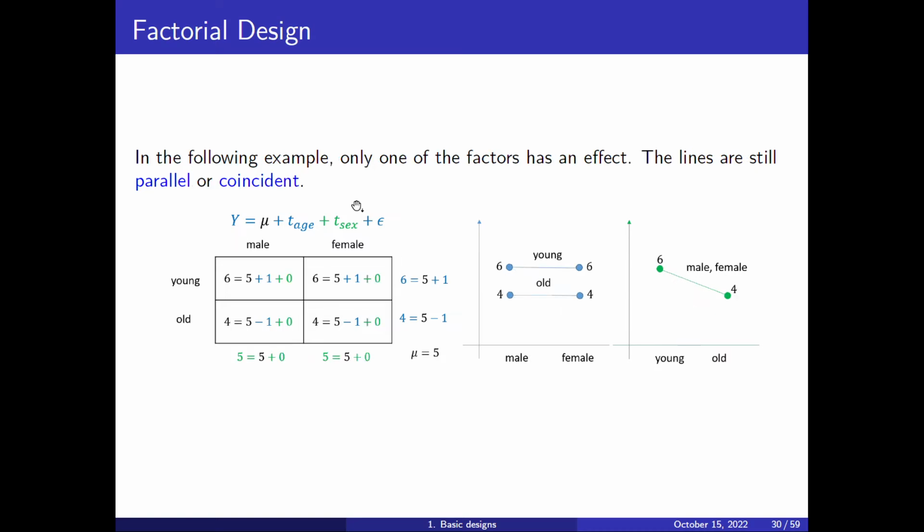Okay, so let's see another example. Let's say that now our observations are 6, 4, 6, 4. Now we do the same kind of calculation that we had before.